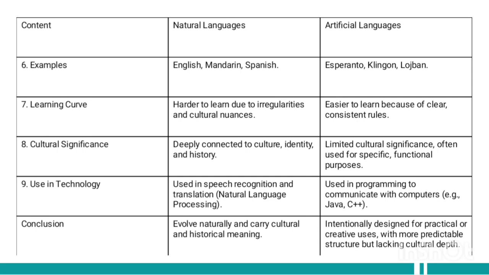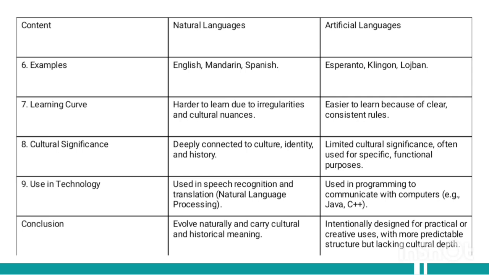But artificial languages are often easier to learn because they are designed with clear, consistent rules. There are no exceptions, and everything is logically structured. For instance, Esperanto is considered relatively easy to learn compared to natural languages because of its regularity.